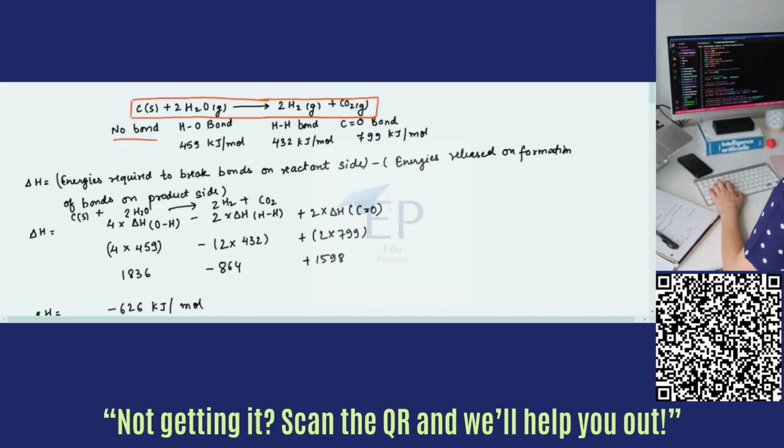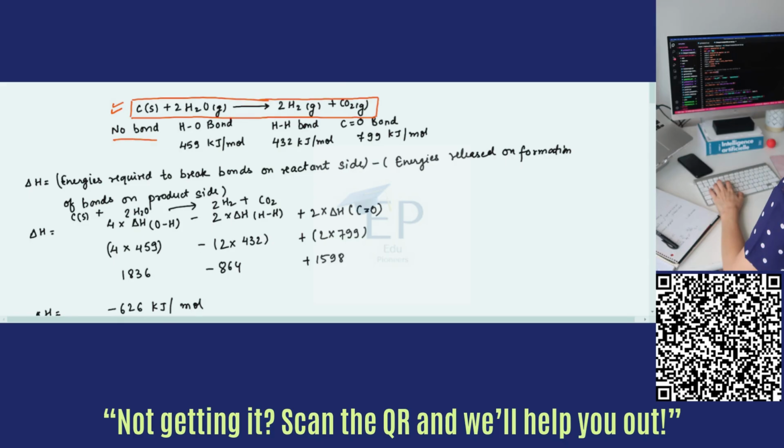Similarly for H-H bonds we have enthalpy, so this will be multiplied by 2. So this is the balanced chemical equation. Here it is 2 ΔH of C=O, you can say.